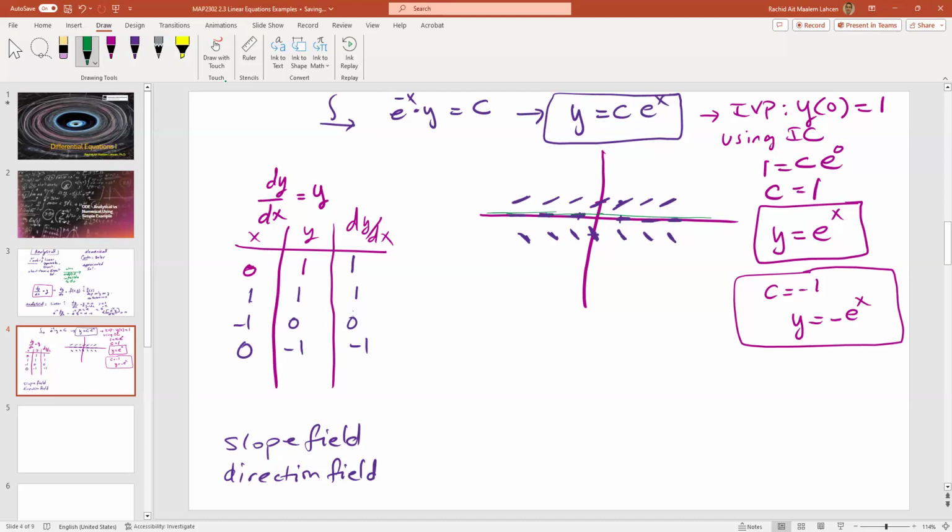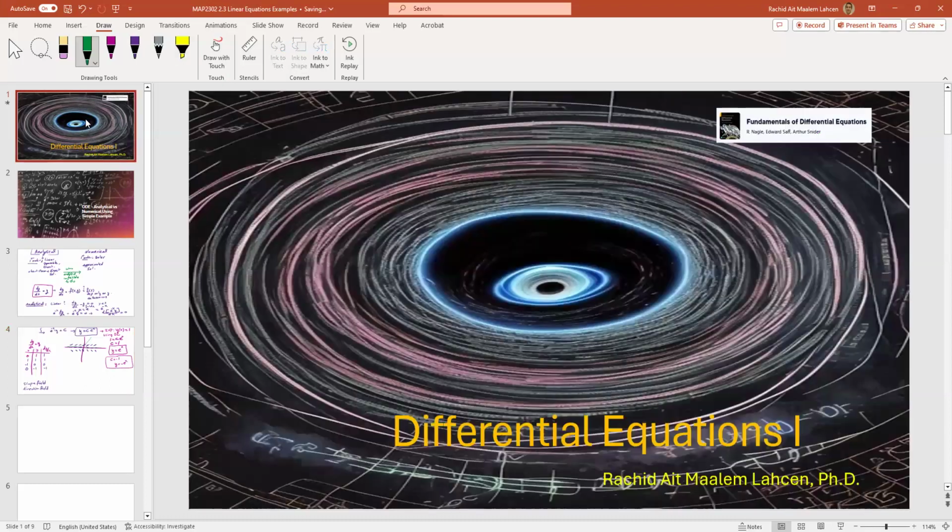But if c is 1, you're getting an exponential function, so you can get a feel that it's going to go this way as we do more of these small lines, and they're going to fit nicely. So this is kind of a quick idea based on the textbook that you see here in the picture.